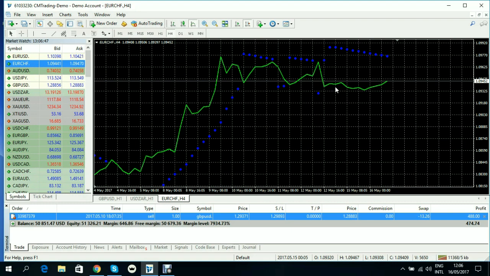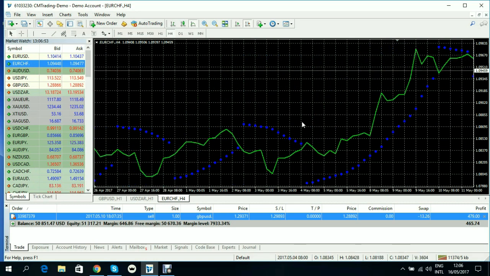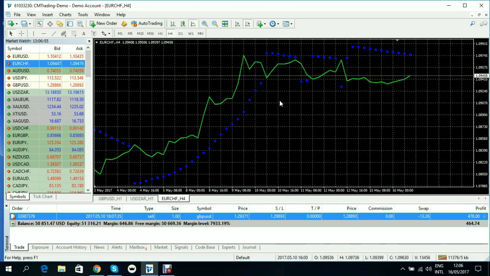Now let's look at what is the best time to actually trade the parabolic, or the best times to trade using the parabolic SAR. It is best used when market is really trending, when market is very volatile, and when market is very trending.